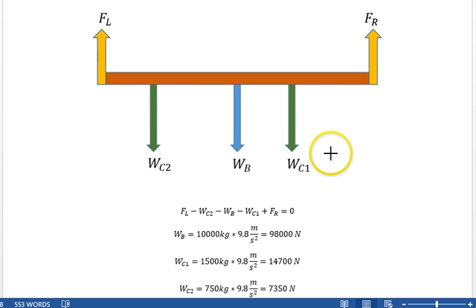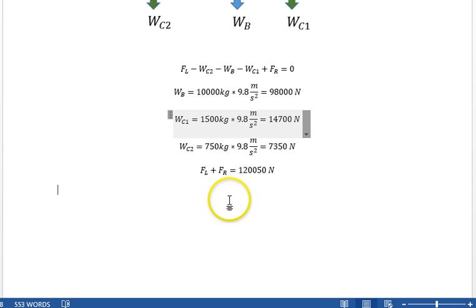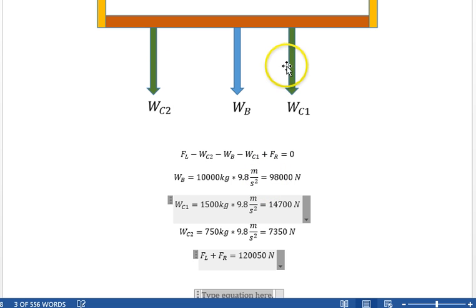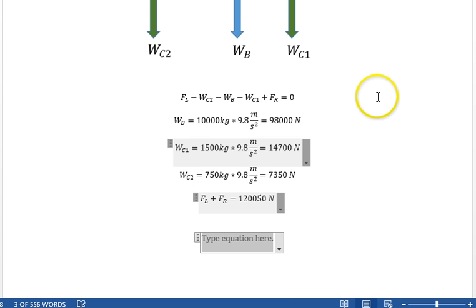Sorry for the zoom. So if we take the torque about that end, all the weights cause a negative torque because they cause a clockwise rotation about the pivot point on the left, and the force from the other side causes a positive torque because it causes a counterclockwise rotation.